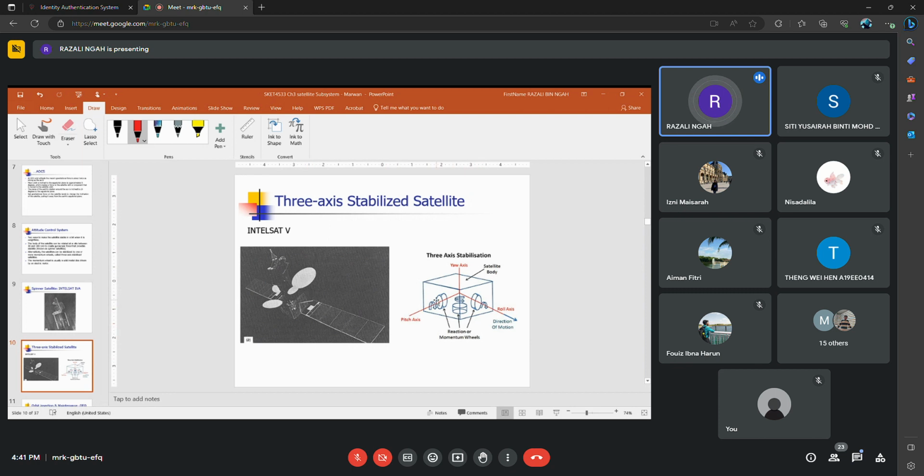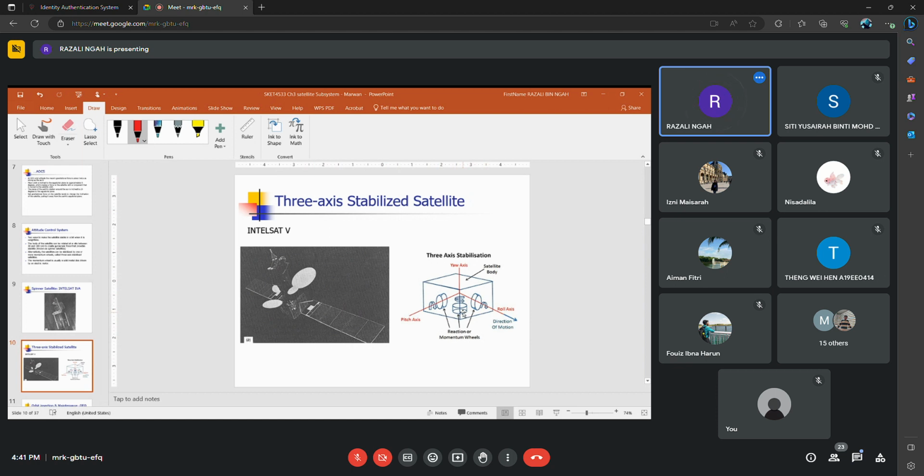This rotating part we call a momentum wheel, and three axis refers to the momentum wheels rotating in three different axes.